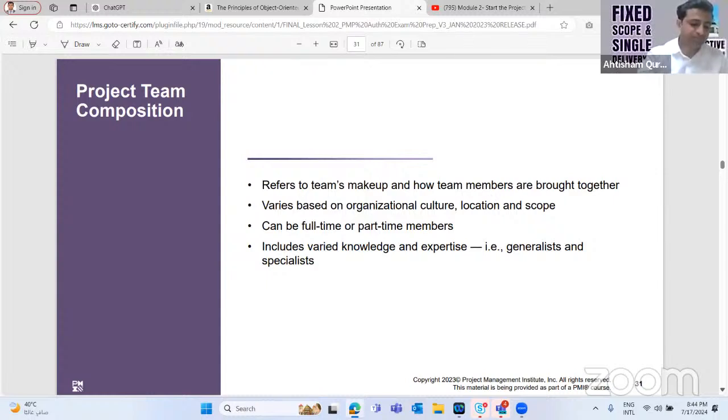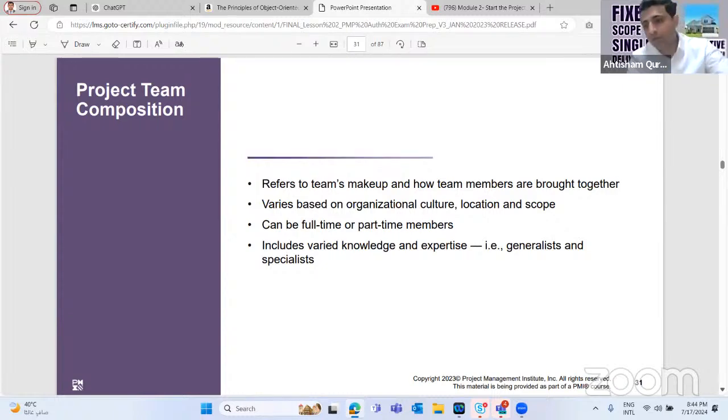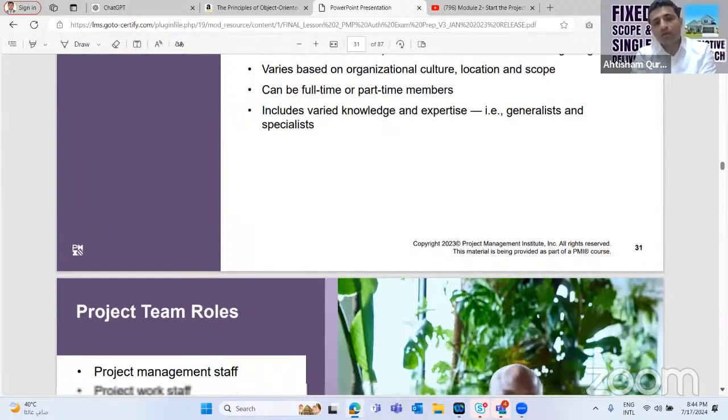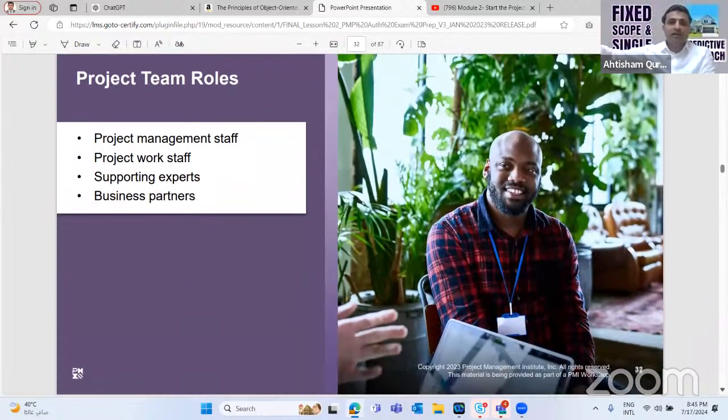Any question? Okay. So in your projects, you will also be consulting various other subject matter experts, consultants in your organization, project management officers, any functional managers.